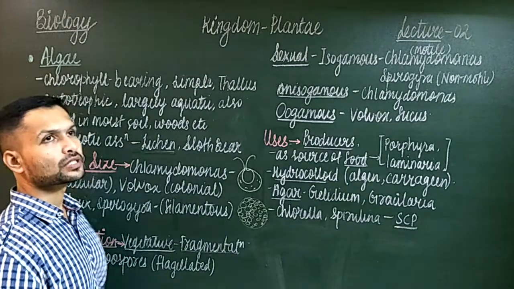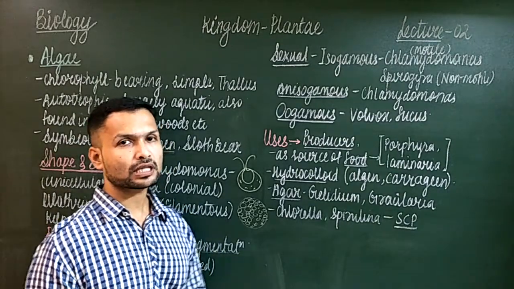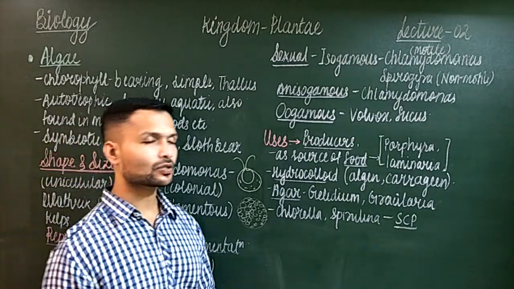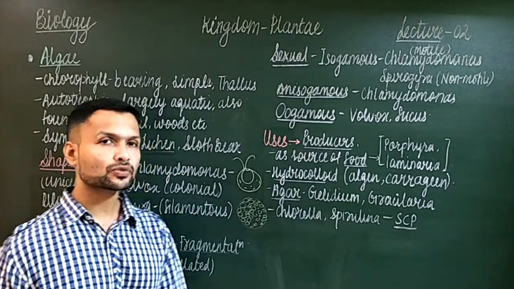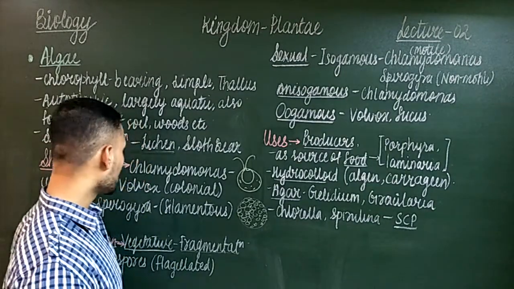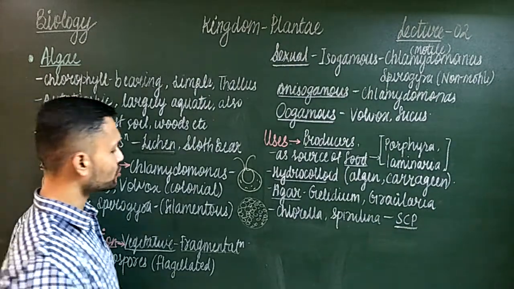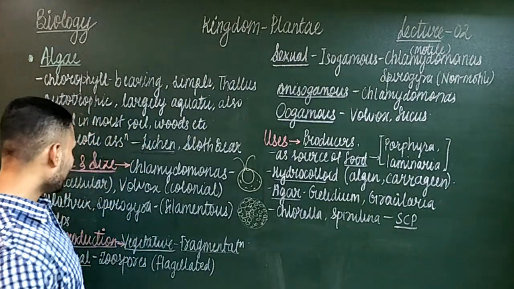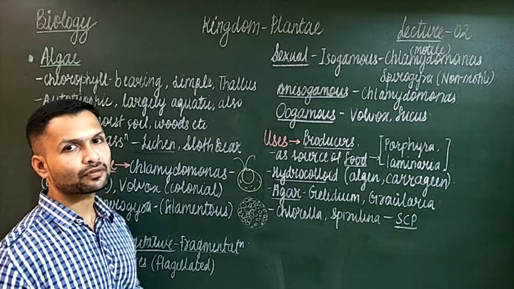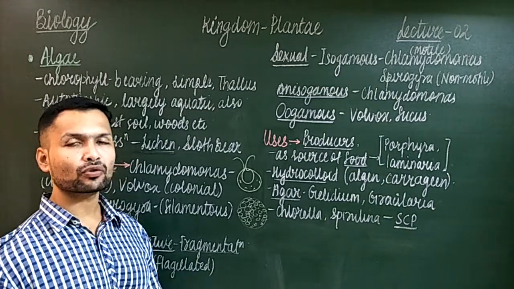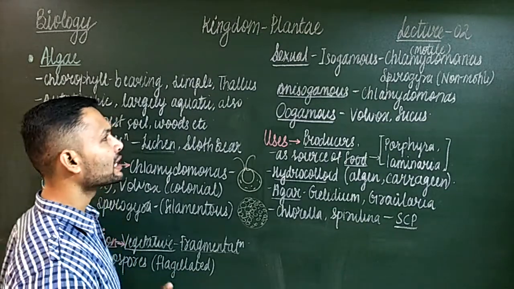Next, asexual spores. Recently we finished biological classification, where in fungi we saw the asexual methods of reproduction. There we saw aplanospores, which are non-motile spores, and here zoospores, which are motile spores, are also found. In detail, we'll see how algae reproduce in their respective divisions: how Chlorophyceae reproduce, then brown algae, red algae, in their respective topics.